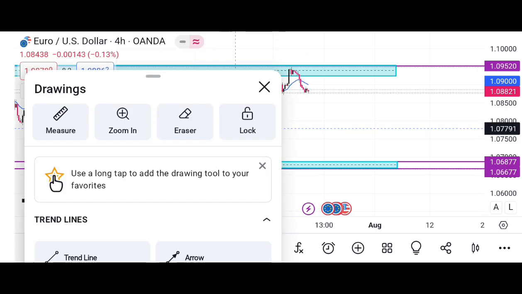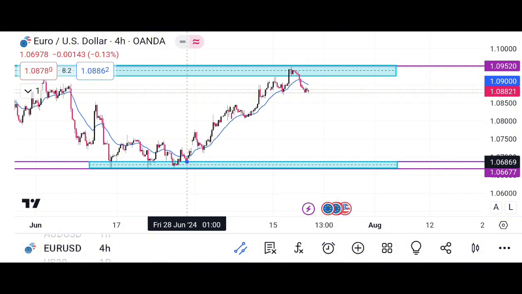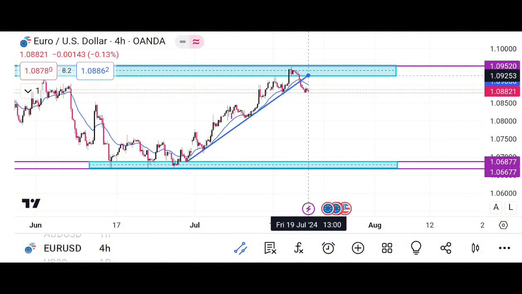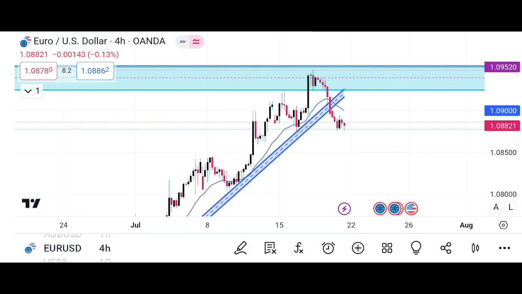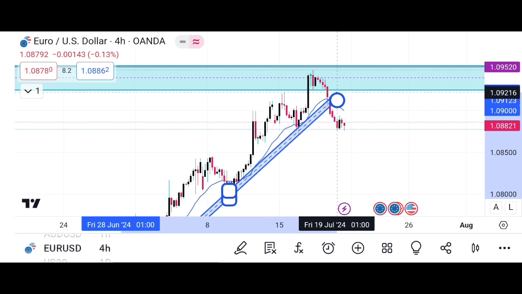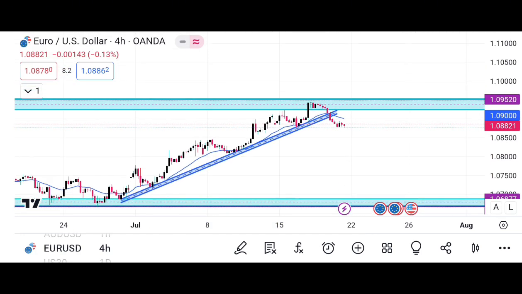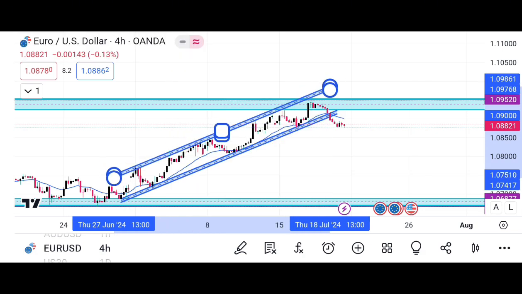Let me do this. Parallel lines to cover the wicks. Okay, I see we had a change of direction when it comes to the Euro USD.